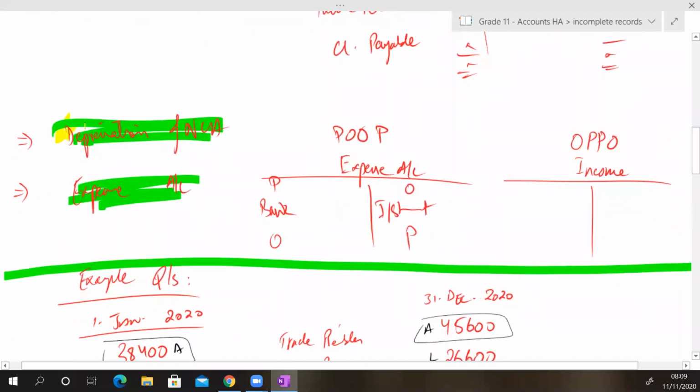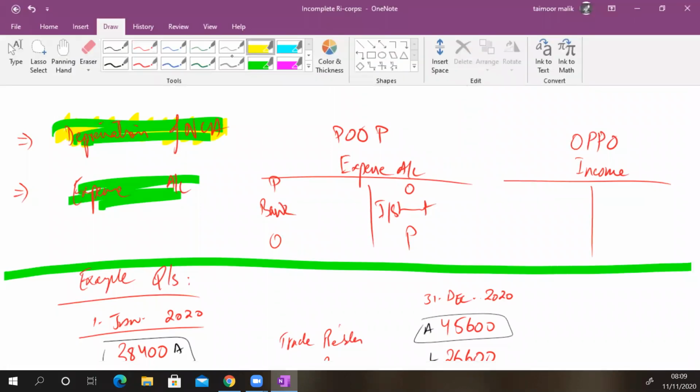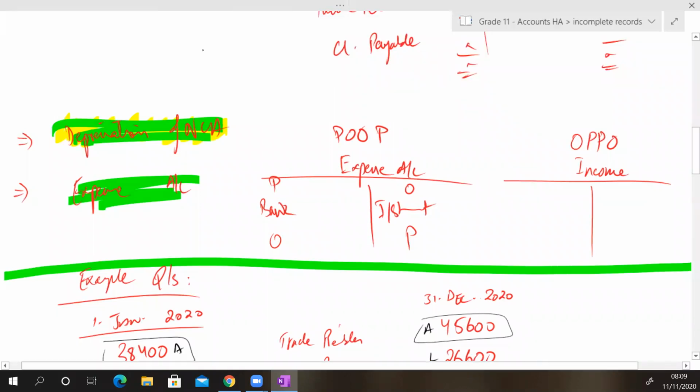Then there would be an adjustment for depreciation of non-current assets. Usually this is through the revaluation method. I shall write it over here. This is through a revaluation method.